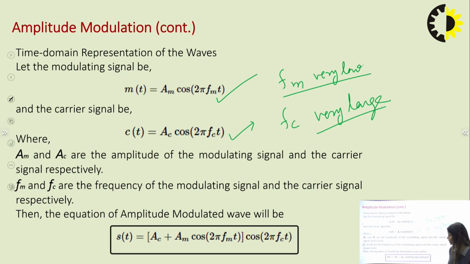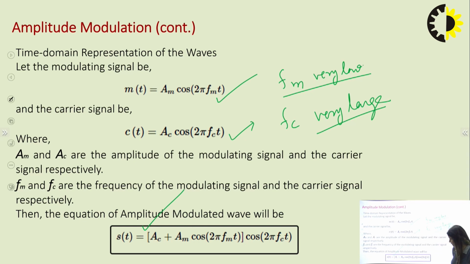And now what is most important is that you need to learn this standard expression for the amplitude modulated wave, and I suggest you all remember this so that you can successfully do the numericals for the amplitude modulation topic.